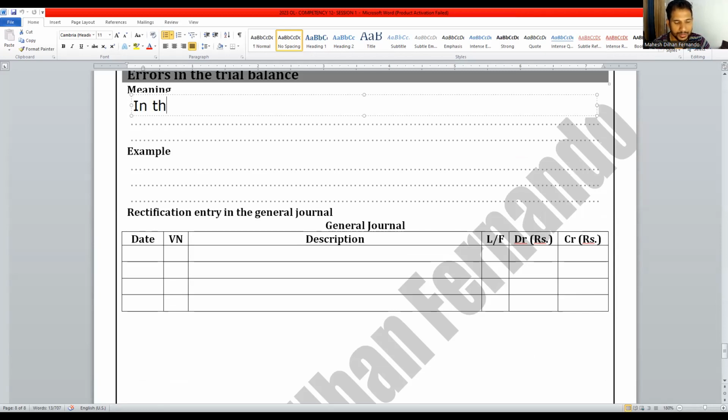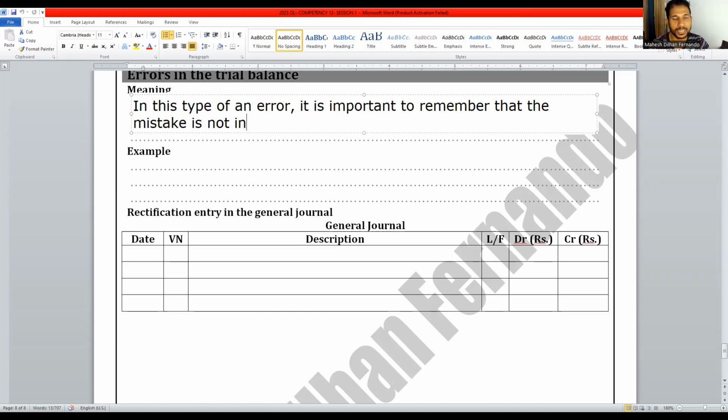In this type of error, it is important to remember that the mistake is not in a ledger account, but in the trial balance.